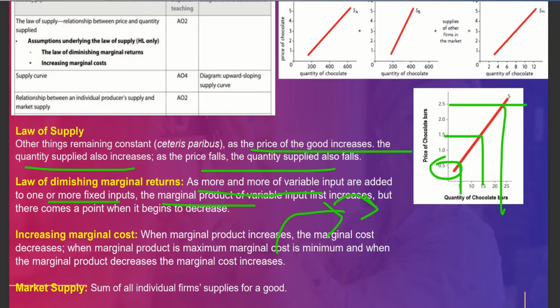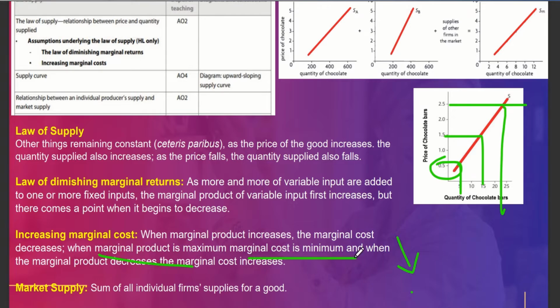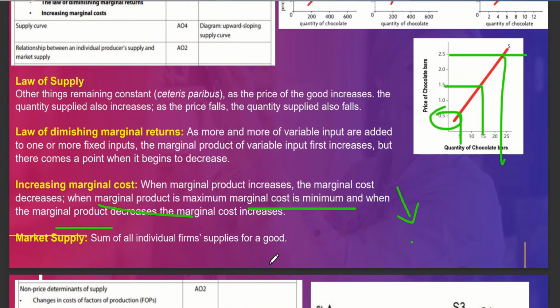Increasing marginal cost says that initially the marginal cost will be decreasing. That's the reason the quantity increases. But when the marginal product is maximum, the marginal cost is minimum, and when the marginal product decreases, marginal cost also increases.